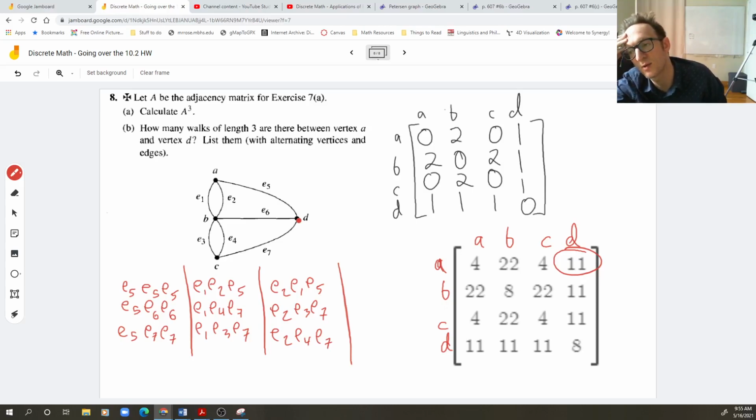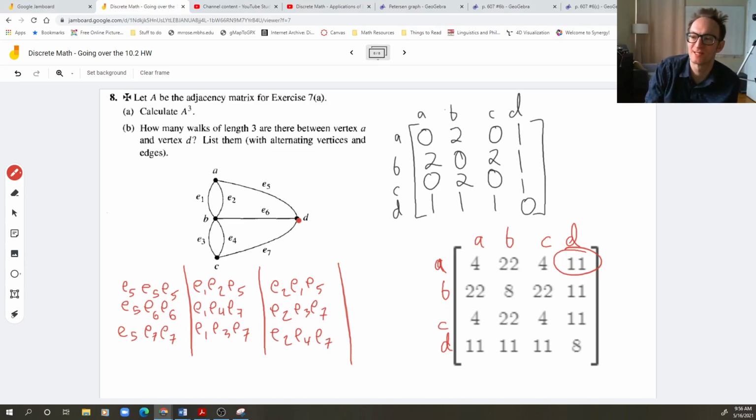The walk has to either start with E5, E1, or E2. Oh, duh. No. What is going on? E1, E4.